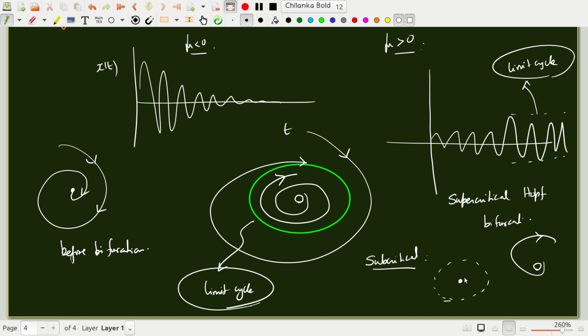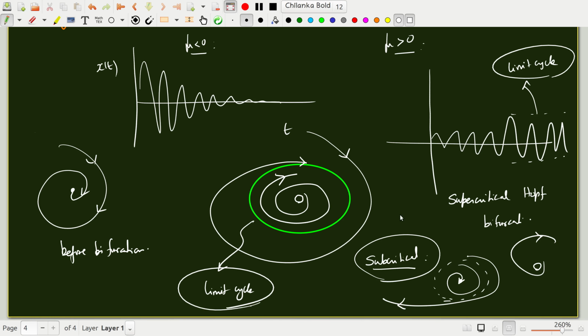The point is stable only if you are within this closed path. Above this closed path, you're going to fly away. This is similar to the usual supercritical and subcritical pitchfork bifurcations in 1D systems. But the only added thing is that here the resulting state is a periodic state or a limit cycle.